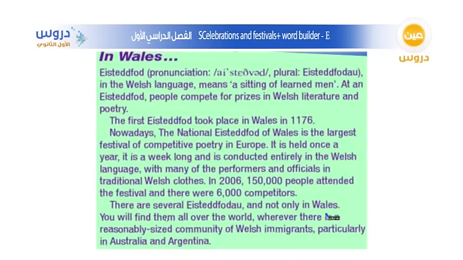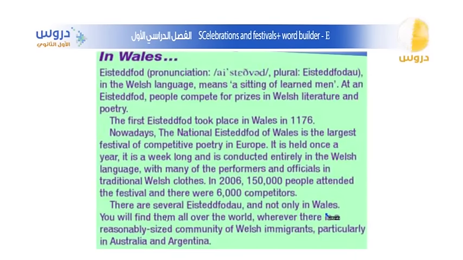At an Eisteddfod, people compete for prizes in Welsh literature and poetry. The first Eisteddfod took place in Wales in 1176. Nowadays, the National Eisteddfod of Wales is the largest festival of competitive poetry in Europe. It is held once a year.